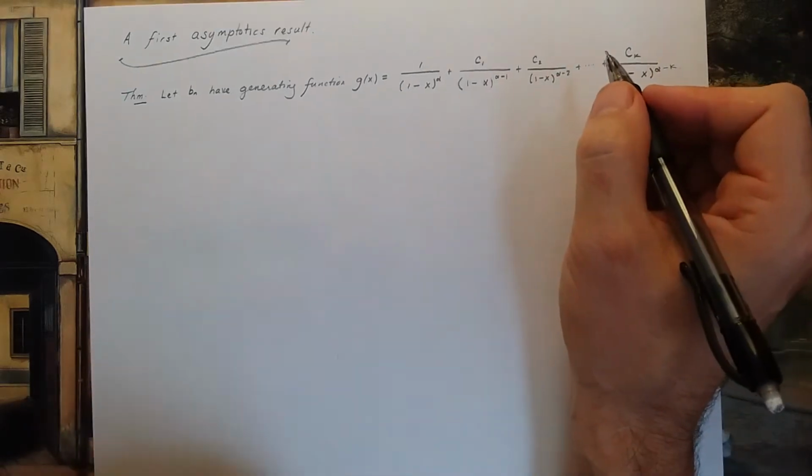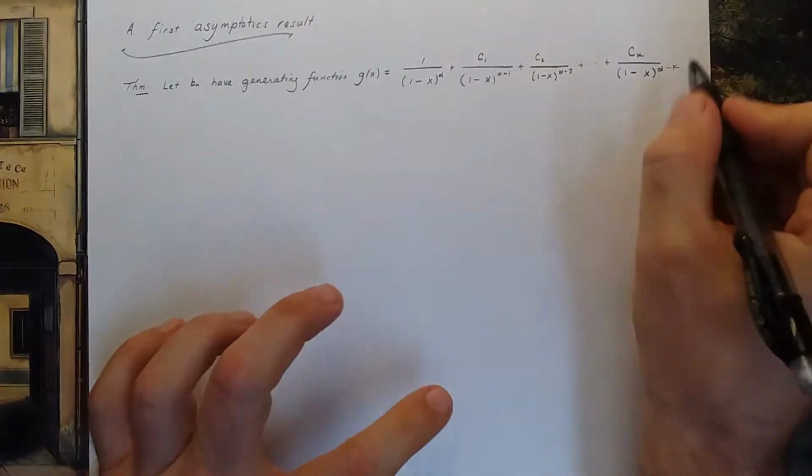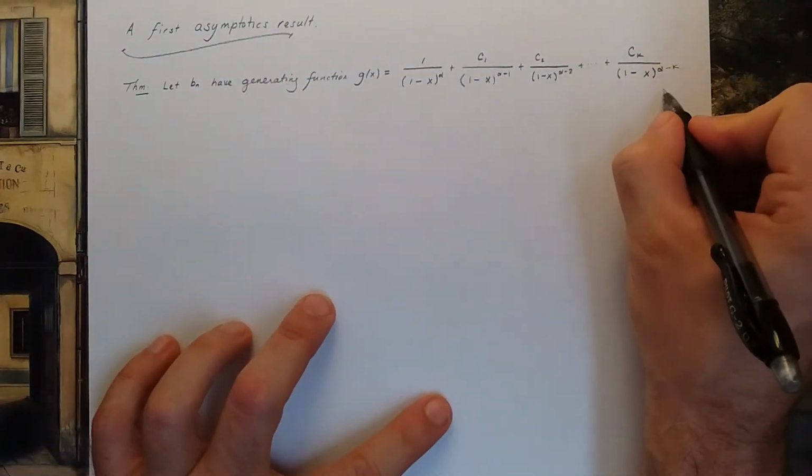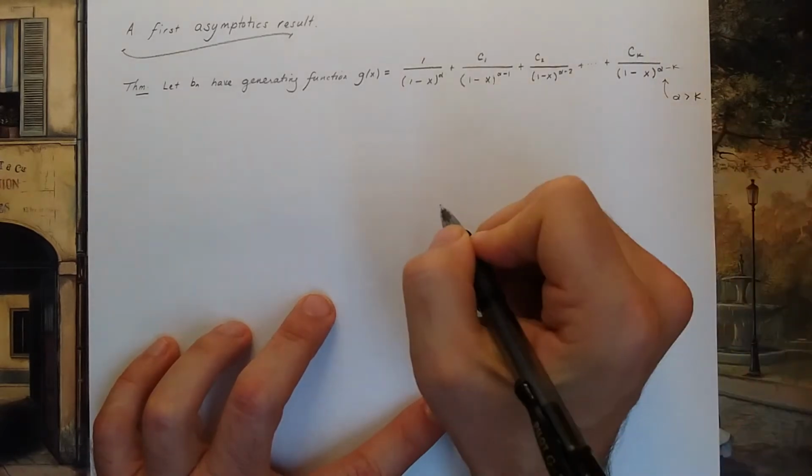And here I want alpha minus k to still be positive, so I still want to have this division being present. So I want alpha to be bigger than k.